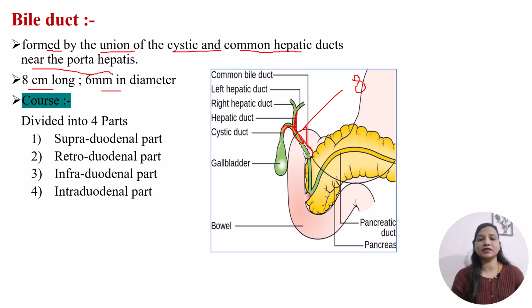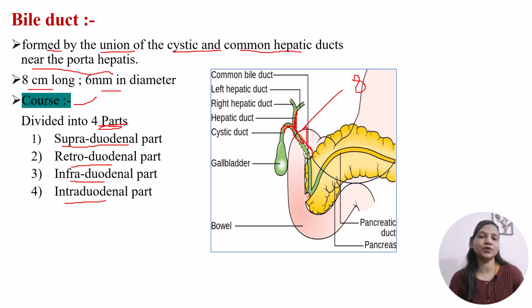If we see the course of this bile duct, it is divided into 4 parts. What are these four parts? The first is the supraduodenal part, second is the retroduodenal part, third is the infraduodenal part, and fourth is the intraduodenal part.